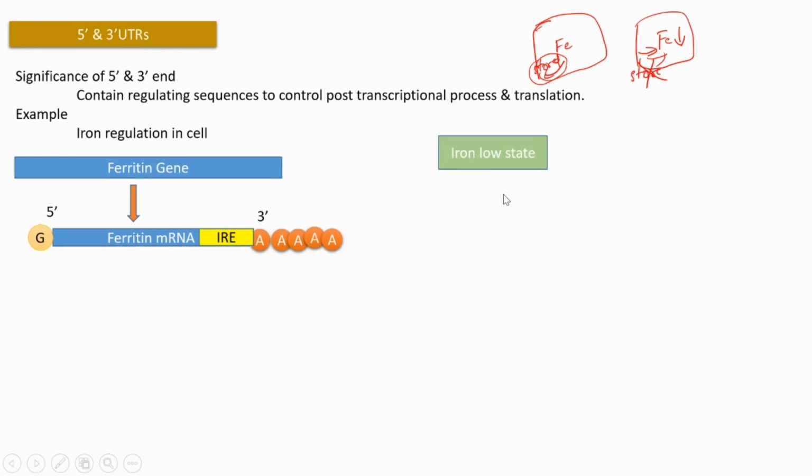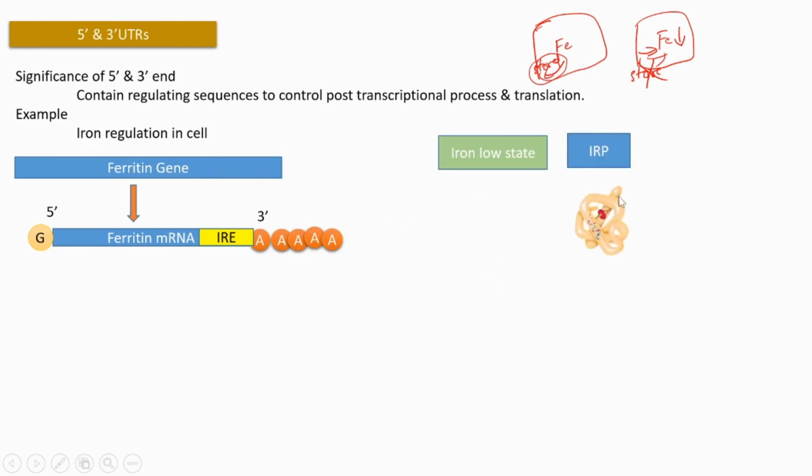Now we are talking about an iron low state. Iron low state means the body or that cell requires an additional supply of iron. So at that time, the body cannot store iron, so it doesn't need ferritin protein. So we need to stop its translation. How that process is undertaken, I am going to show you.